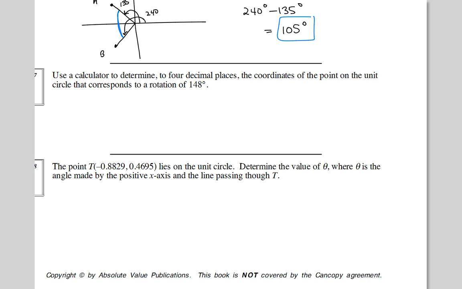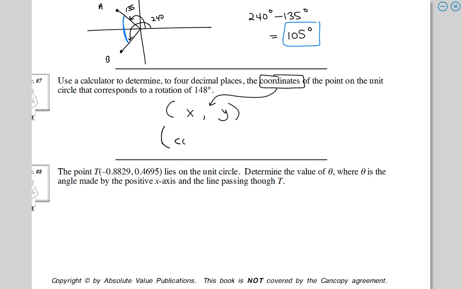Okay, for the coordinate, x comma y, what's the x? Cos of the angle, and what's the y? Sine of the angle.